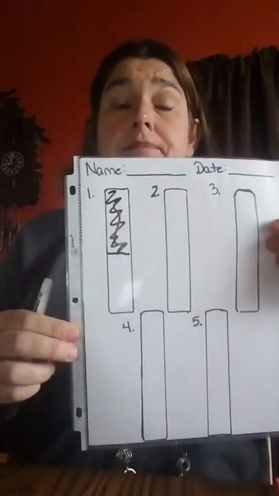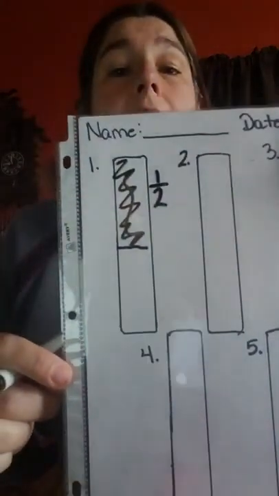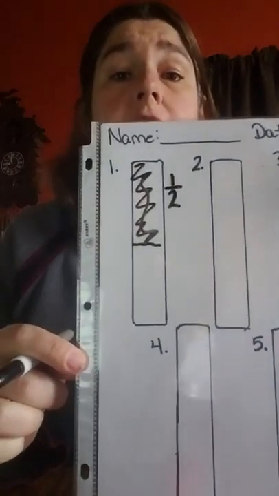If your student has participated with fractions several times and they have a good concept, they could also write 1/2. But if they're just learning, they can just color 1/2 of the picture in.